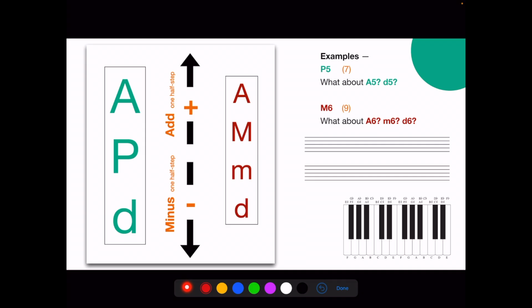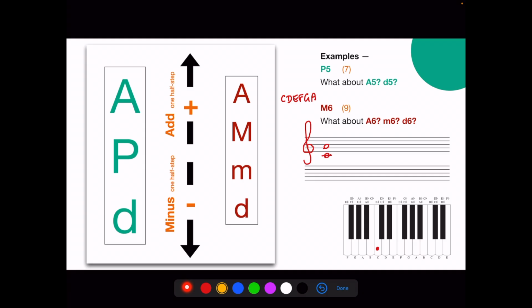Let's take C. If it says it's a 6 and we pick C as our first note, then from C we have to go up 6. So C, D, E, F, G, A, that's 6. So the next one is going to be A, C to A. But let's make sure that we have the correct number of half steps. Major 6 has 9 half steps.